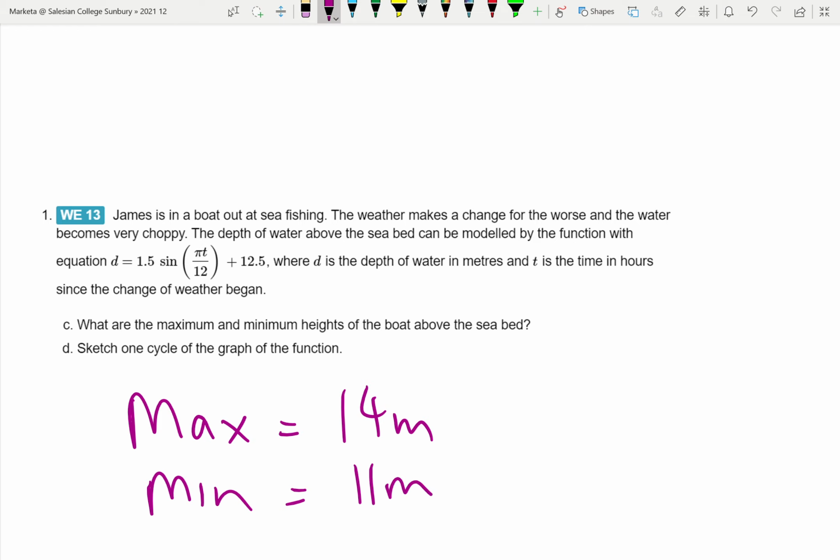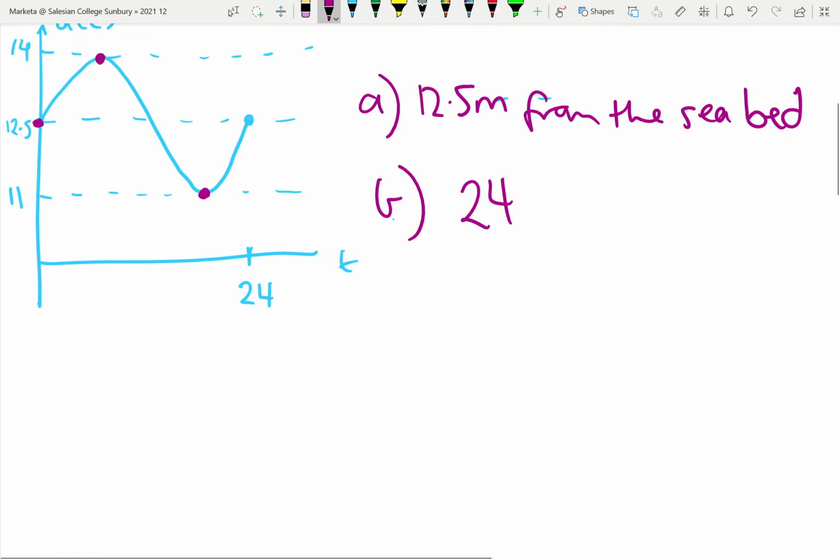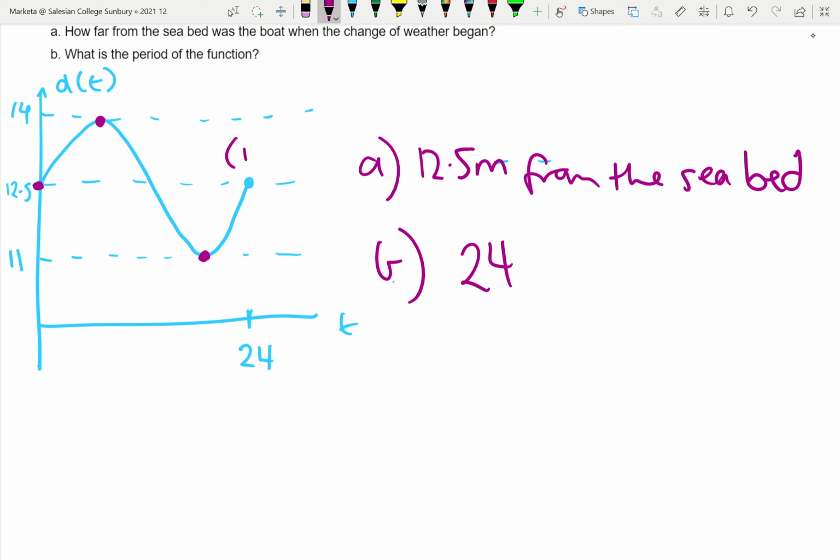So that's easy. And you see, because we've got the graph there, you would be hard pressed to make a mistake. So I really do encourage you to draw the graph first. We've already drawn one cycle of the graph, so I won't do that again. There it is. I might label these things a little bit better. Label the endpoints 24, 12.5, and then this would be 0, 12.5. I could label my turning points as well, and that would be quite nice because then I can see how many hours after the change of the weather began I'm getting the maximum or minimum depths.